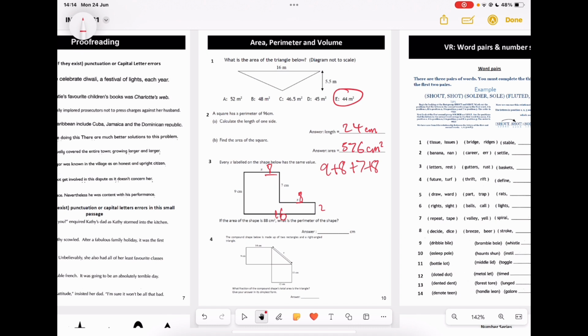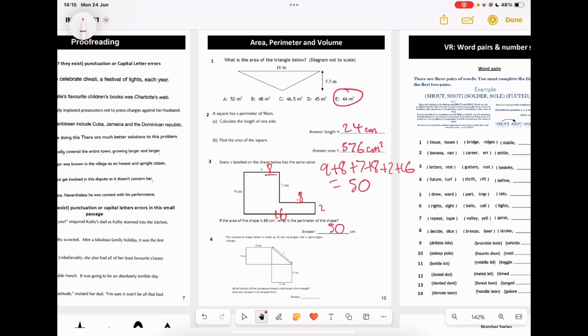So 9 plus 8 plus 7 plus 8 plus 2 plus 16. So that is going to equal 50. So the answer is 50 centimeters.